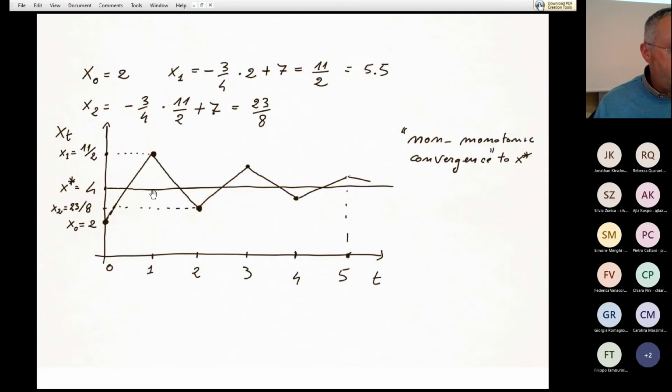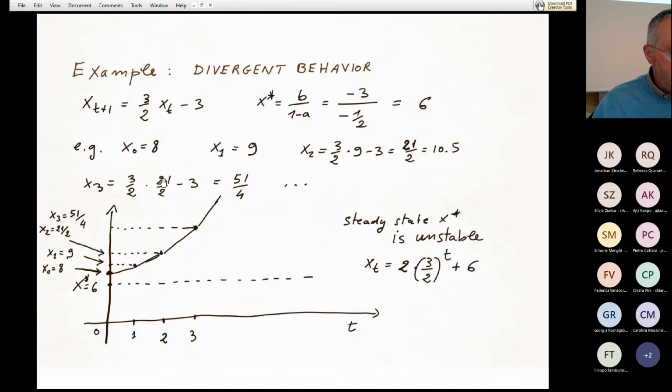This is a convergence that makes overshooting at each time step. And this depends on the coefficient: negative here, positive in the other example. Now I suggest we stop for a few minutes, and next I will show you examples of divergent behavior.